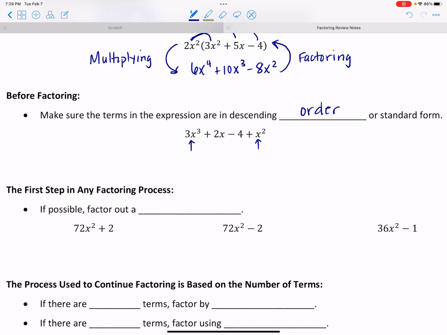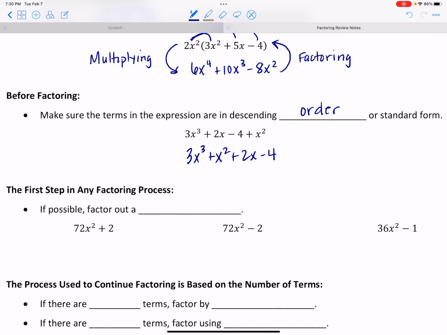So if we start with an x cubed, x squared should be next, x to the first would be third, the constant should always be at the end. So if we were going to try to factor this expression, we would start by putting it in order: 3x cubed plus x squared plus 2x minus 4. Then we're going to go about our business factoring. So before we factor, let's make sure we're in order.